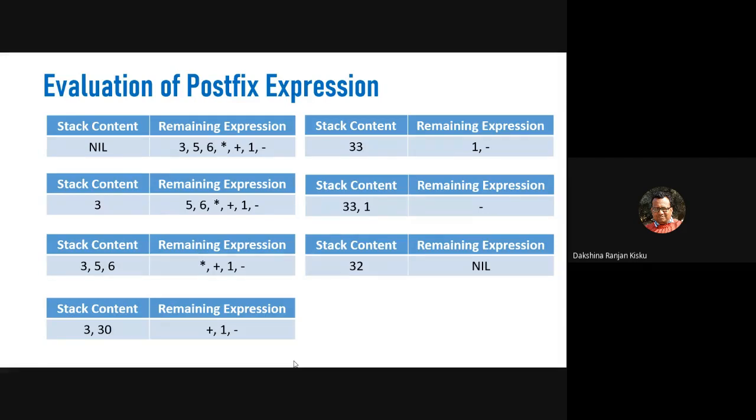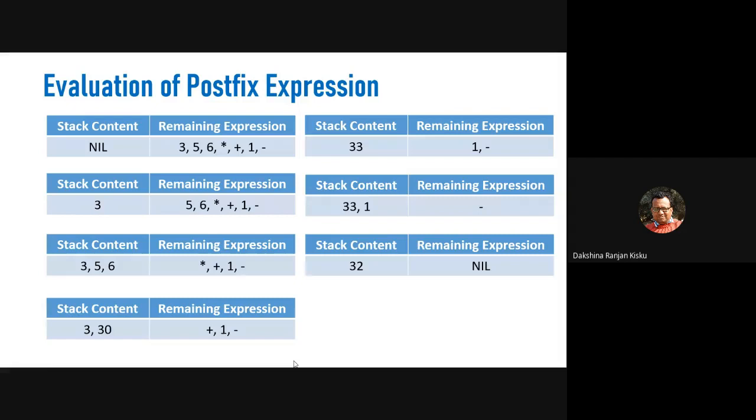After getting the next character as an operand, this operand 1 will be pushed into the stack. Therefore the stack contents will have 33 and 1, and the remaining expression will have only the subtraction operator.